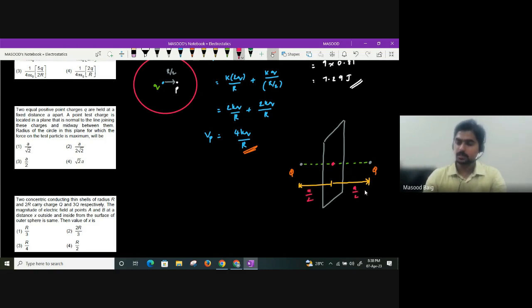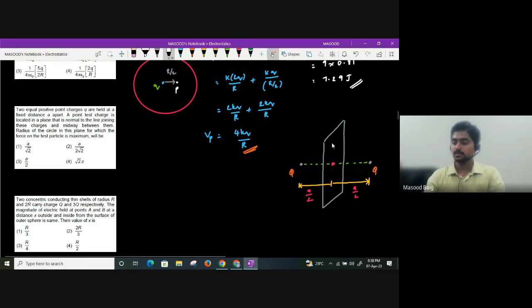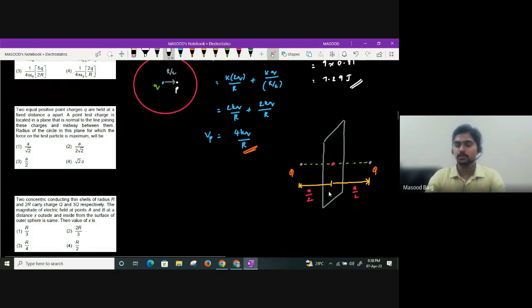Now where is the test charge lying? The test charge is lying somewhere in this plane, in a circle, they are saying. So the radius of the circle in this plane for which the force on the test particle is maximum.